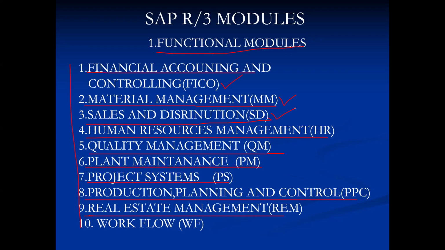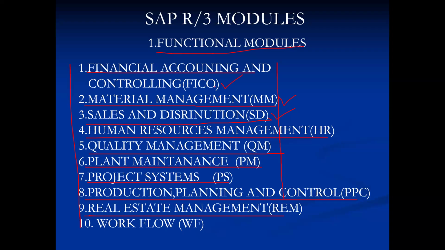Now, in the case of non-ERP, all the departments are using different softwares manufactured by different companies. But in case of SAP, all the departments are using different softwares too. Yes, that is true, but all these softwares are developed by the same SAP company. The manufacturer is same. That's why we can integrate the software of one department with the software of other department.